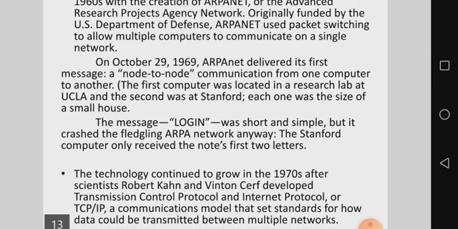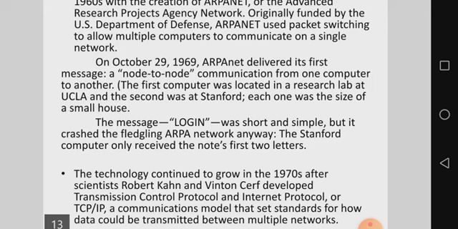On October 29, 1969, ARPANET delivered its first message, a node-to-node communication from one computer to another. The first computer was located in a research lab at UCLA, and the second was at Stanford. Each one was the size of a small house.